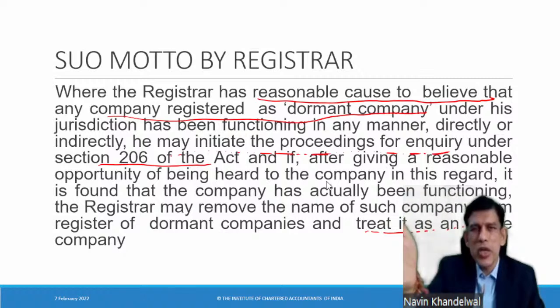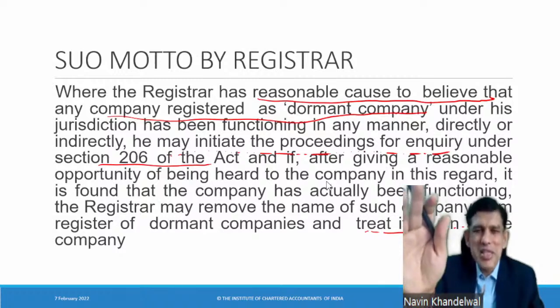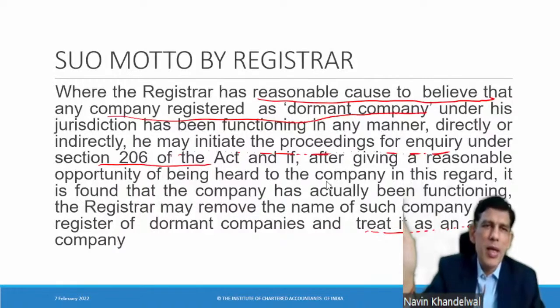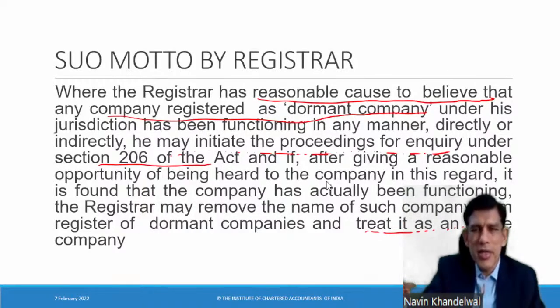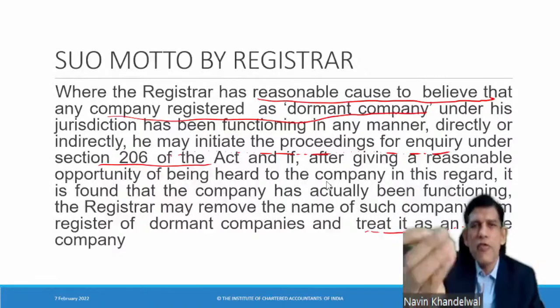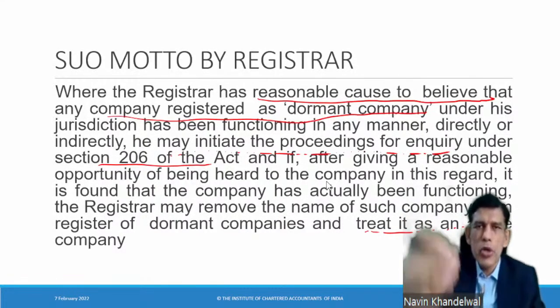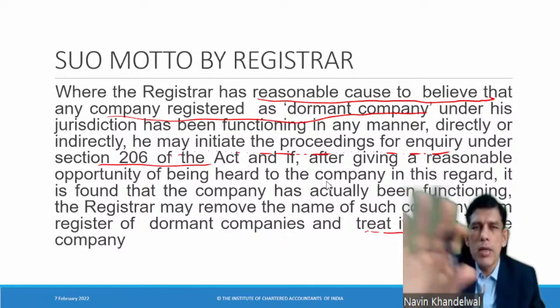So the suggestion to your client, friends, is this: until it is extremely necessary to classify yourself as a dormant company, don't apply for it. Just keep on filing the returns, and ensure that you comply with the laws. Even if you are not doing any transaction or business operations, fine, keep on complying with the requirements of the law.